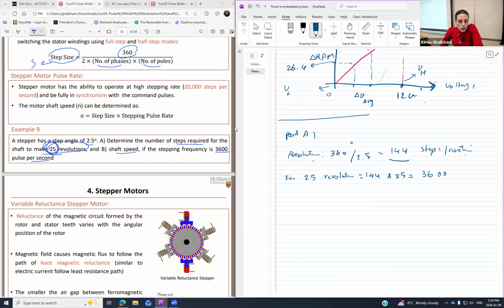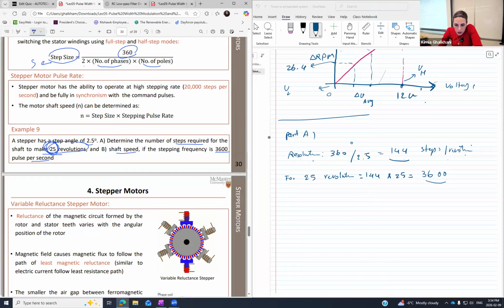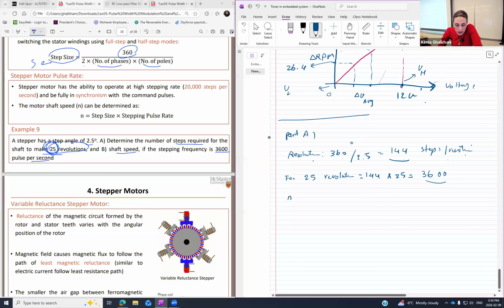How about the next one? The next one is asking about the stepping frequency, and I already calculated this one. Now if that one is 3,600, look at the shaft speed. In order to do the next part, for shaft speed, I call this one B, that 2.5, remember, that is the step angle, or call it beta.